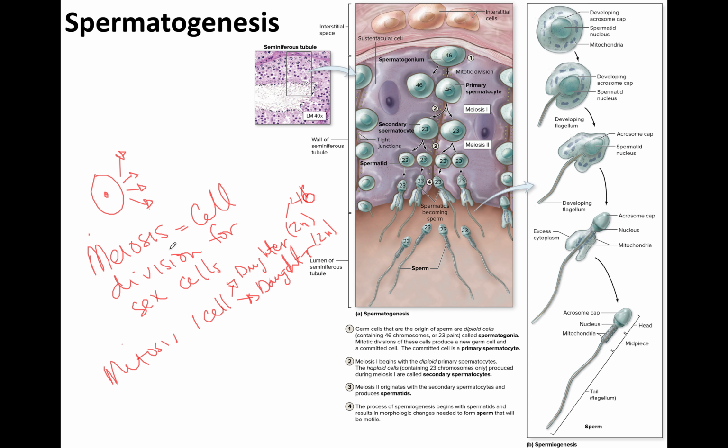In meiosis, you actually have to create daughter cells that have half the number of chromosomes, so 23 chromosomes.